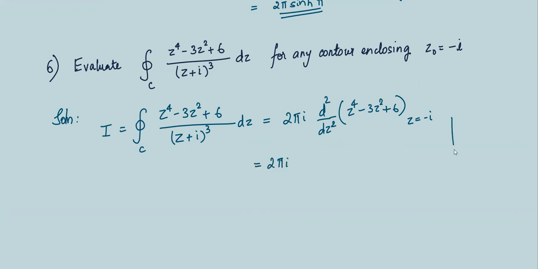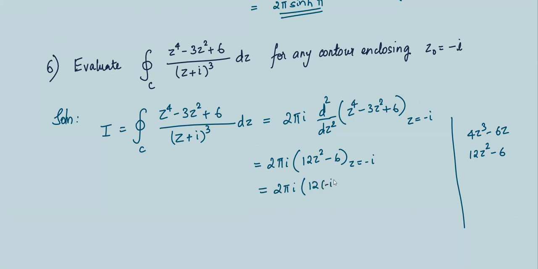The first derivative is 4z cube minus 6z. The second derivative is 12z square minus 6. So at z equal to minus I, we get 2 pi I times 12 into (minus I) whole square minus 6. Minus I whole square is I square, which is minus 1. So minus 12 minus 6 is minus 18.